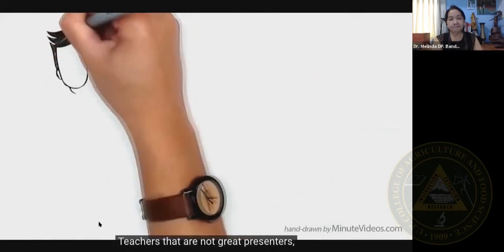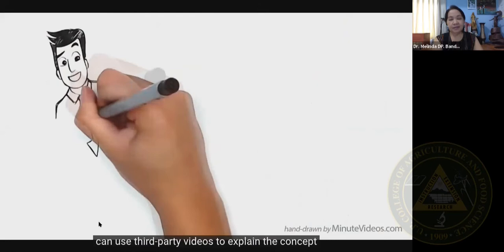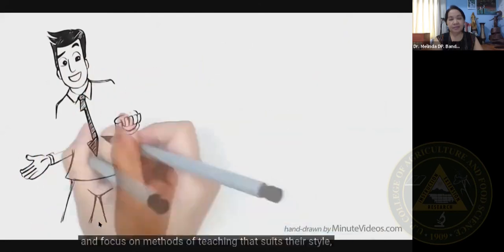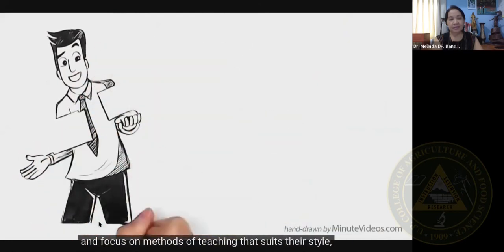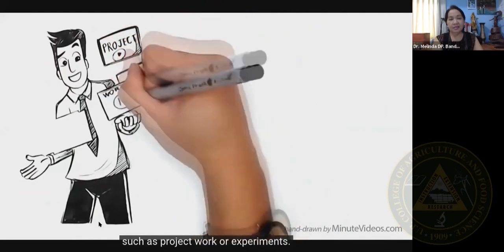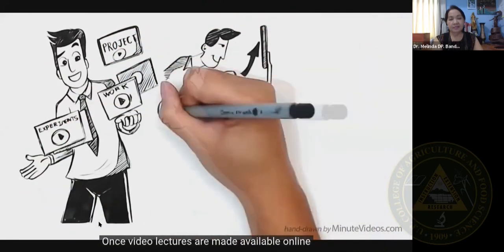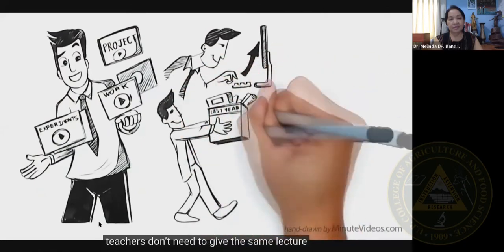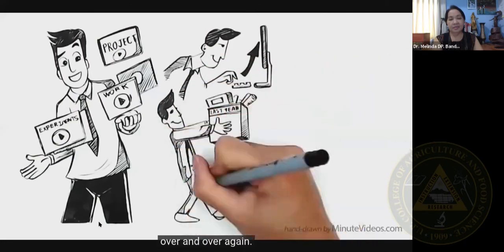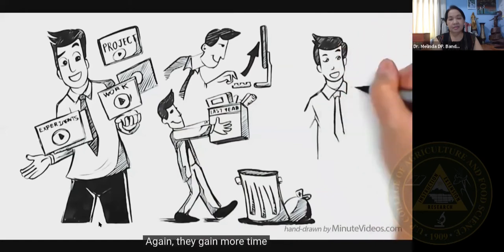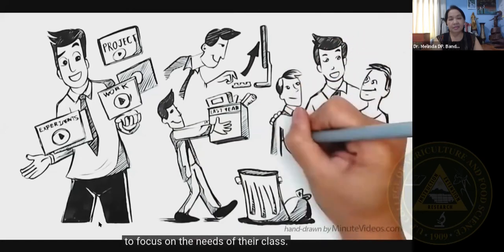Teachers that are not great presenters can use third-party videos to explain the concept and focus on methods of teaching that suit their style, such as project work or experiments. Once video lectures are made available online, teachers don't need to give the same lecture over and over again. Again, they gain more time to focus on the needs of their class.